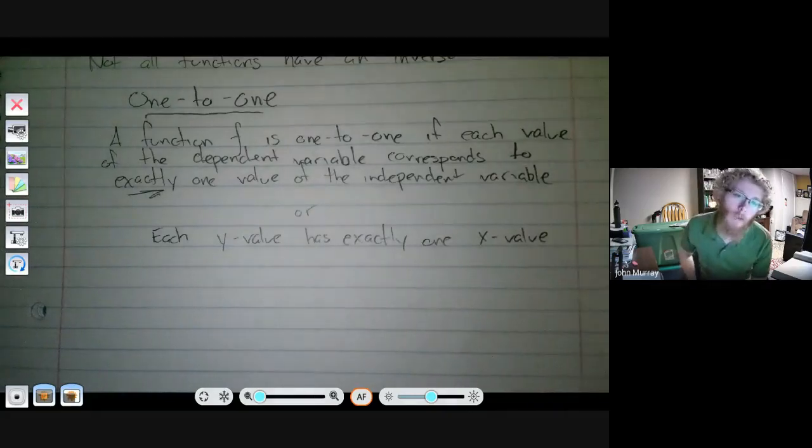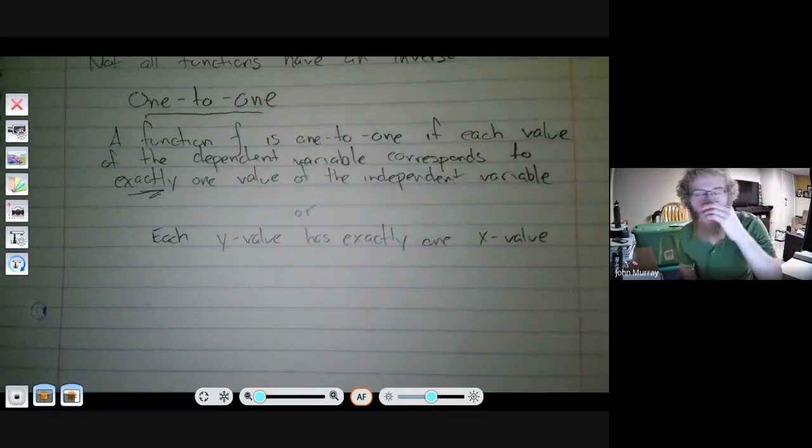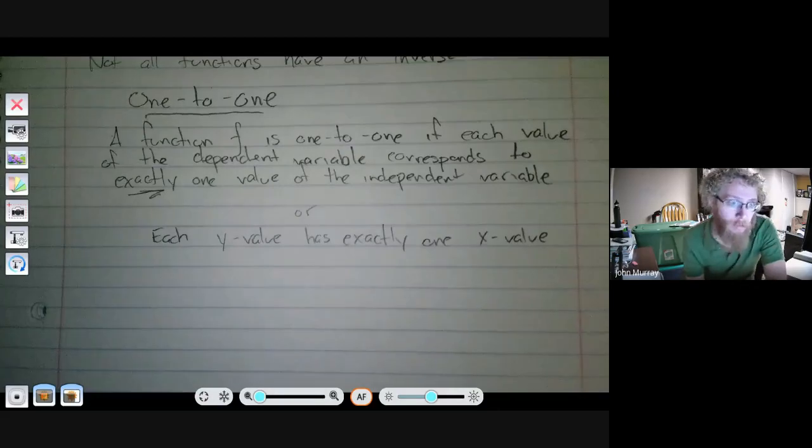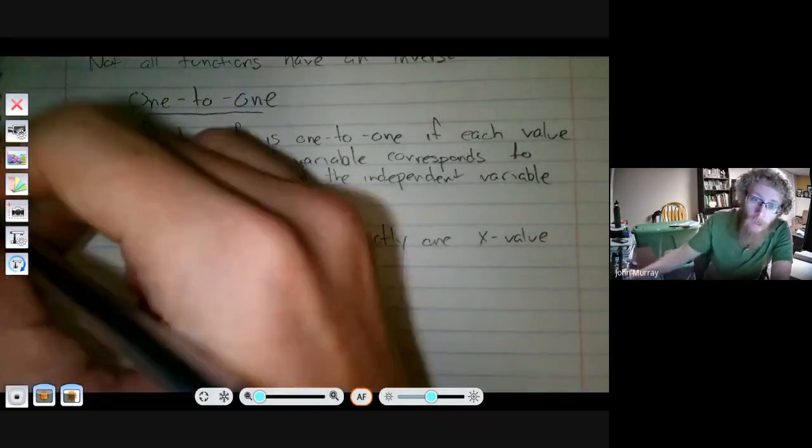So, like in the beginning of the year, when we had "is it a function or not," right? And that was that we had to make sure that every x only had one y. So now we're doing the reverse. Now we're making sure every y only has one x.